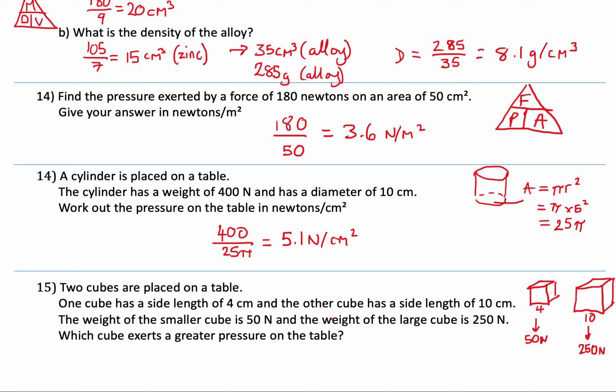Well, let's have a look. So the area of the base of this cube is 4 squared, so 16. So our force is 50, divide that by 16, this will give us the pressure. So that's 3.125 newtons per square meter.